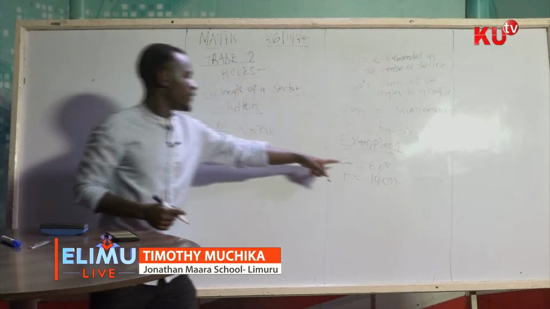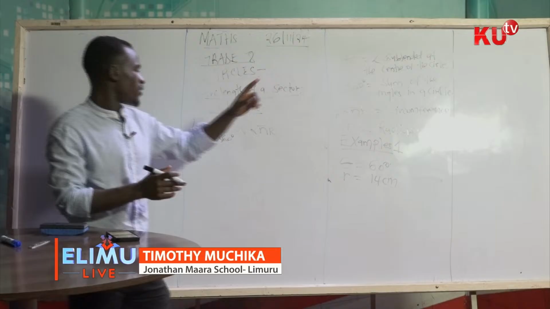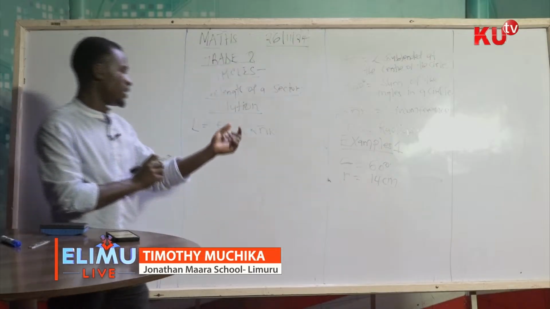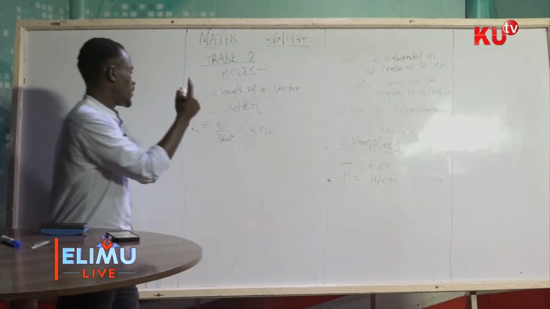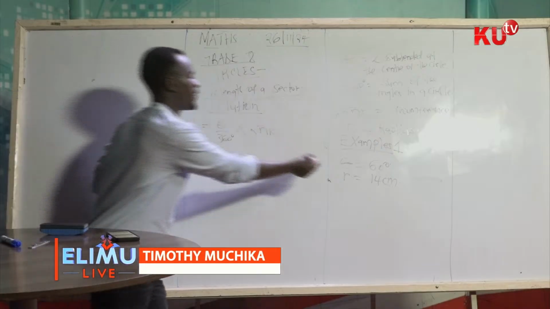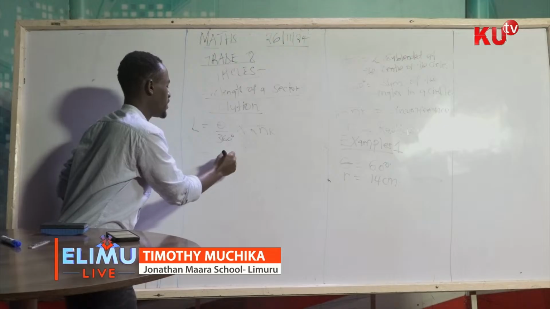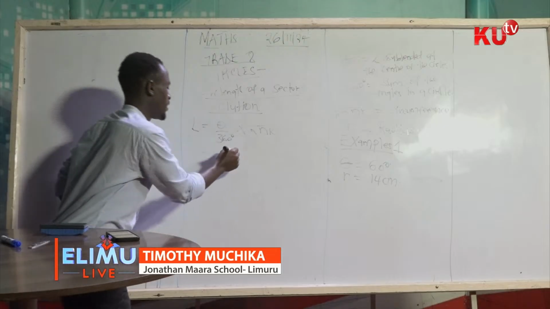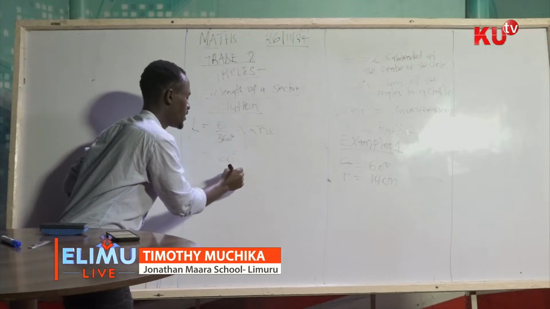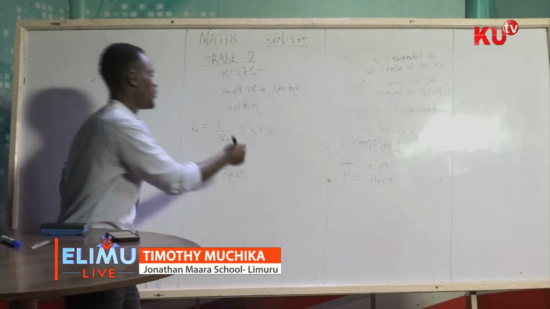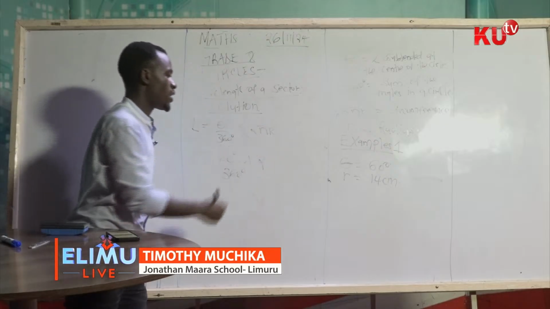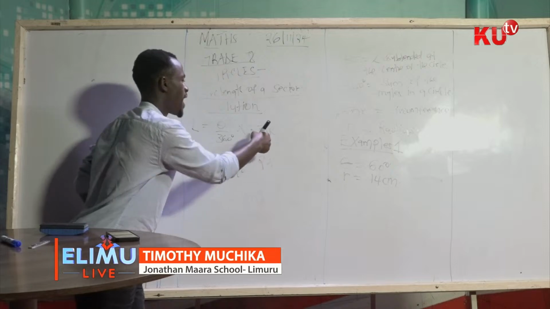You have been given theta, which is 60, and the radius, which is 14 centimeters. So let's substitute. Where we have theta, we substitute 60. So we have 60 degrees over 360 degrees multiplied by 2, and then by pi.